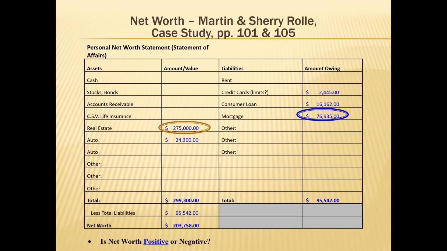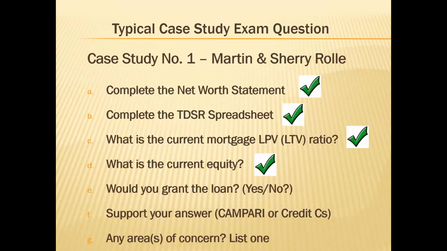All right, so we've covered ABCD. Current equity is the last. Based on what we have done so far and our discussion in class, would you grant a loan to Martin and Sherry Roll? Yes. Okay.